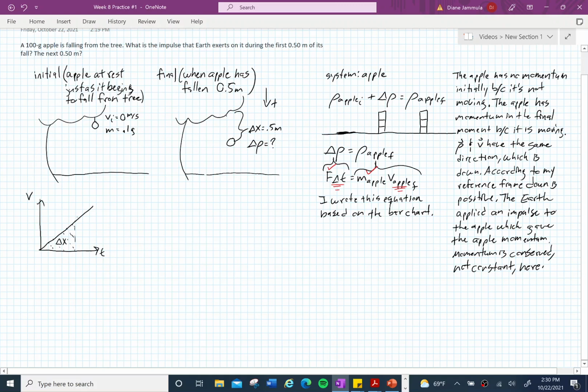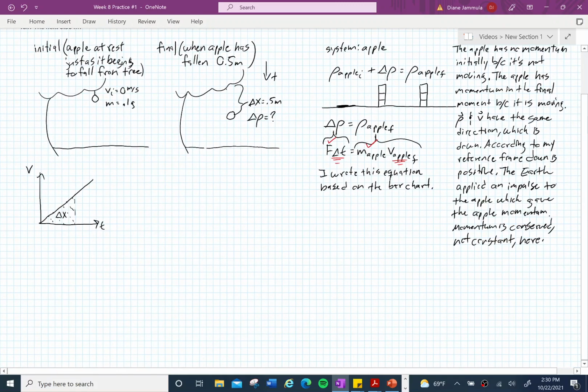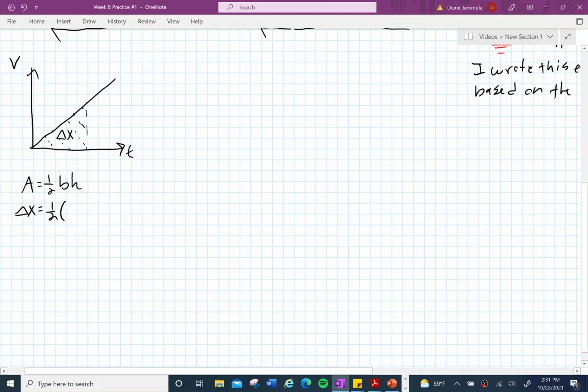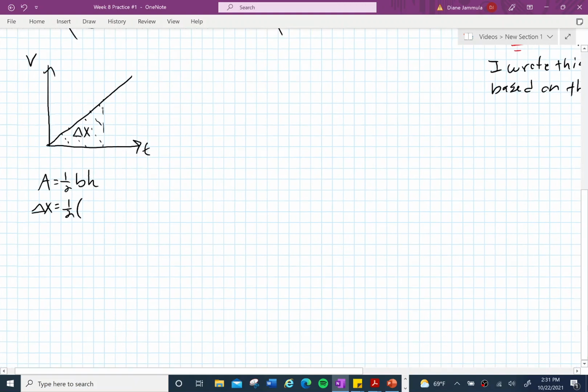I can write an equation for the displacement based on this graph. I'll start with this. The area, that's a triangle. The area would be 1/2 base times height. The area is the displacement. The base of this triangle would be the time.